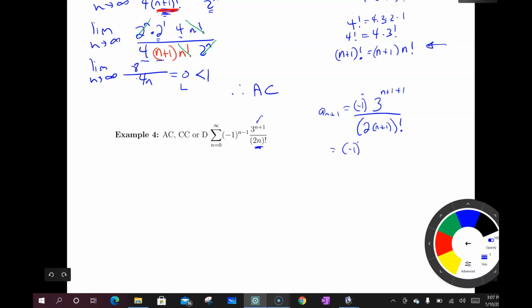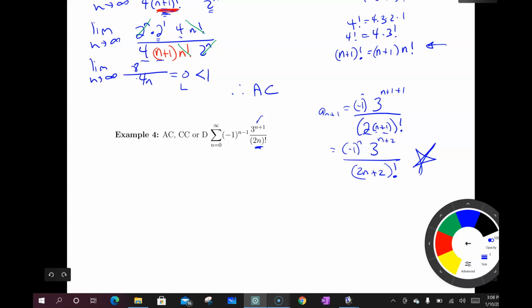So I'd have 3 to the n plus 2, correct? n plus 2, because you add those together. In the denominator, inside the factorial parentheses, I would have 2n plus 2. Be careful. Easy to make a mistake here.